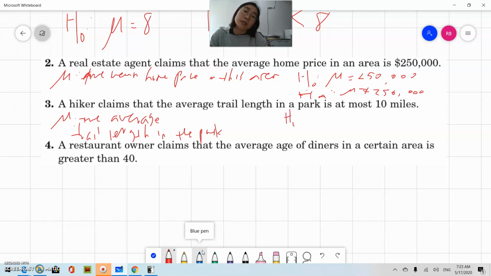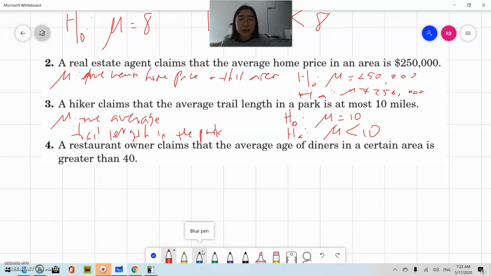So the null hypothesis is always equal to something, so it's equal to 10, even though the question says at most 10, right? What that means is that this will be less than 10. That's what at most 10 means, right? Because it won't be more than 10. So the alternative hypothesis is mu less than 10.